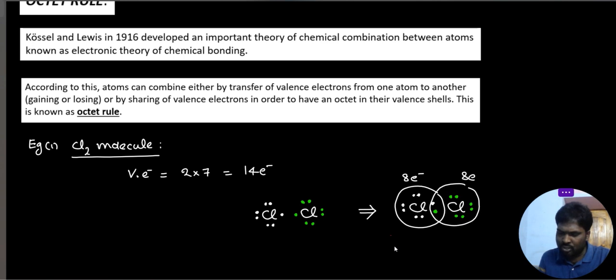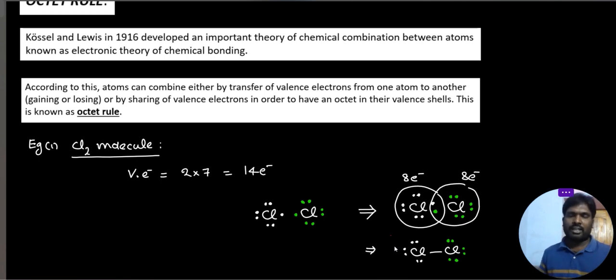So both atoms obey the octet rule. According to octet theory, the Cl2 molecule is more stable. Understood? So we can write Cl single bond Cl, with 3 lone pairs here and 3 lone pairs here. In the Cl2 molecule both chlorine atoms obey the octet rule, so it is more stable.